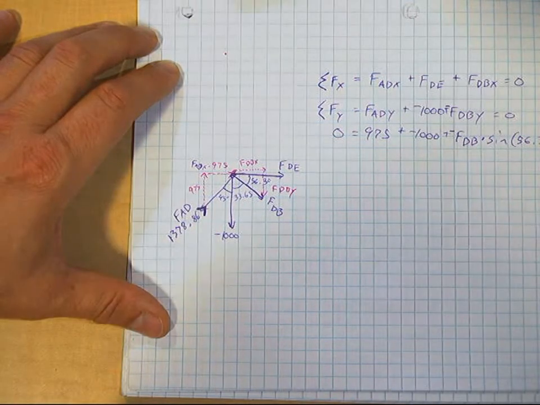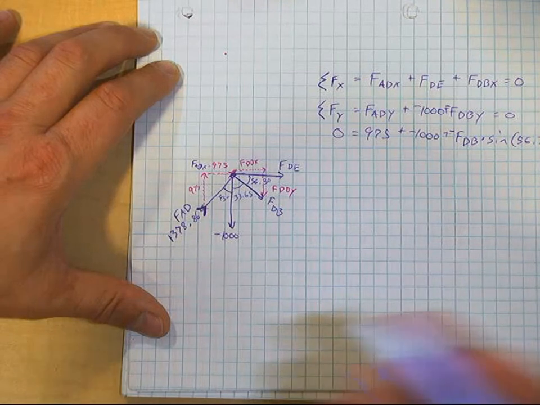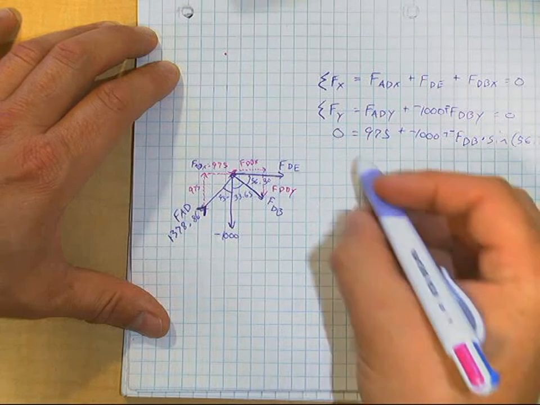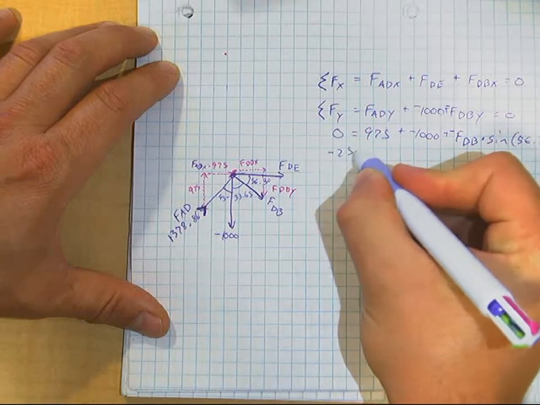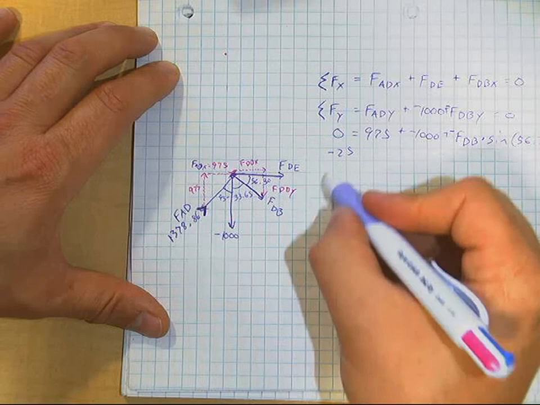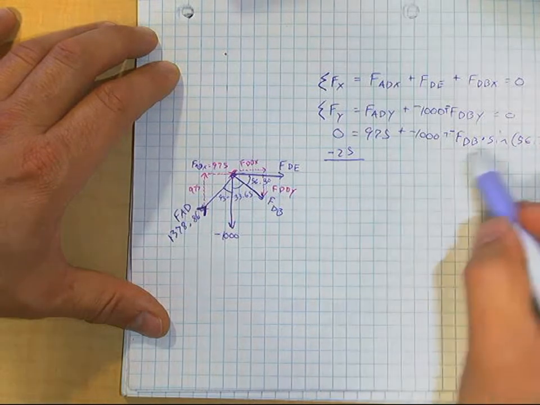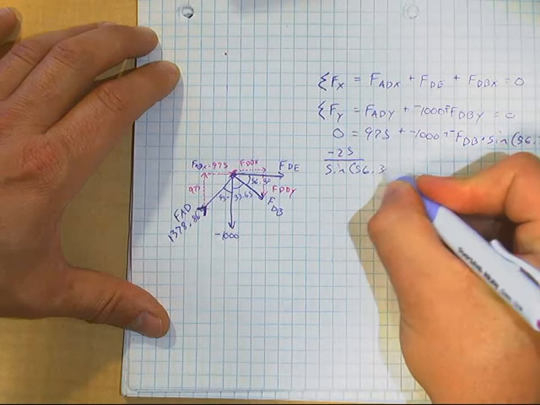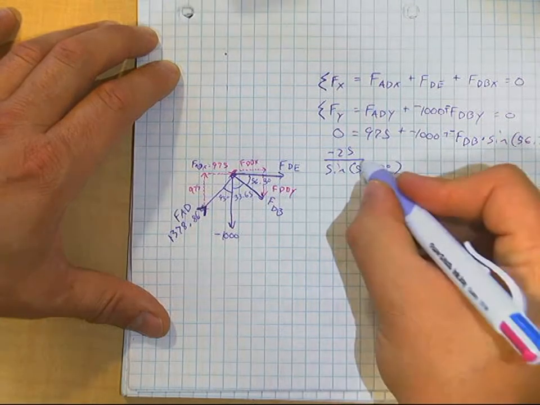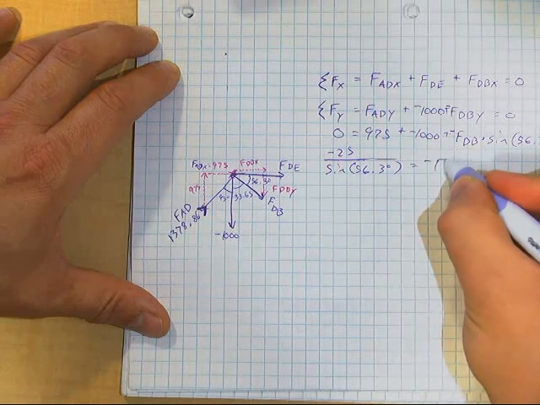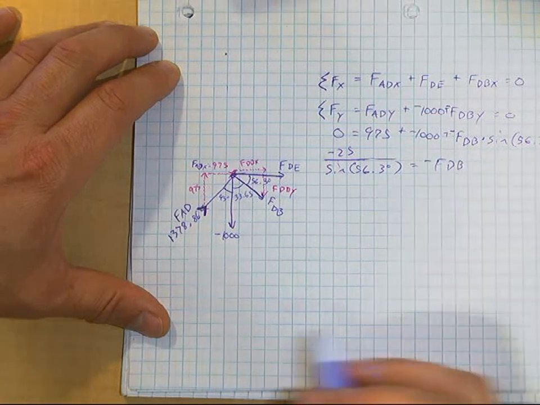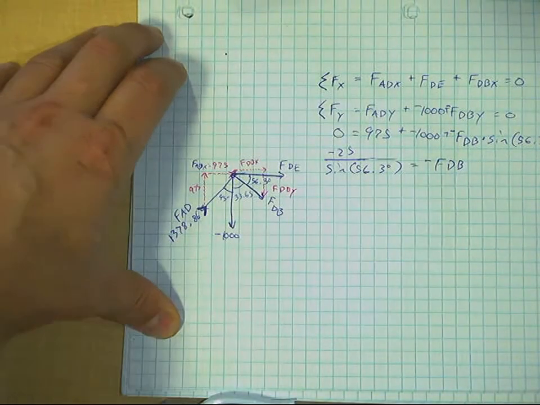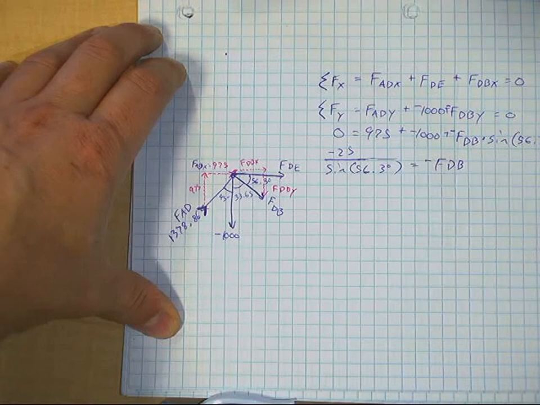So that is basically the gist of this. We're going to start to simplify, so we get negative 25 on this side, divided by sine of 56.3 degrees, equals negative FDB. Obviously the negatives cancel out, so we get 25 divided by the sine of 56.3.